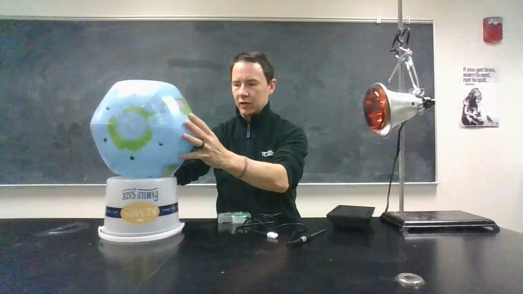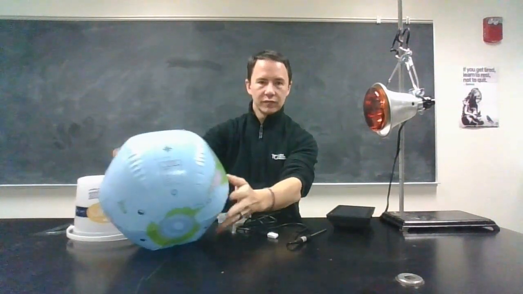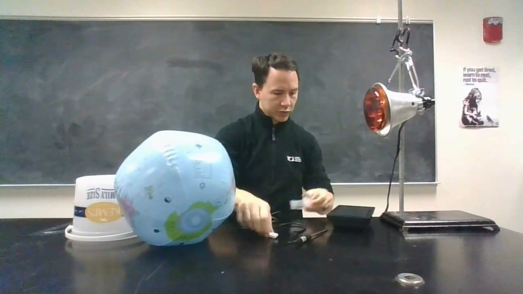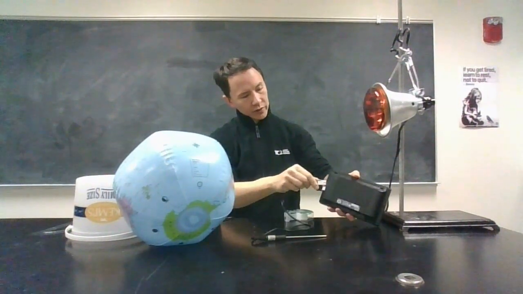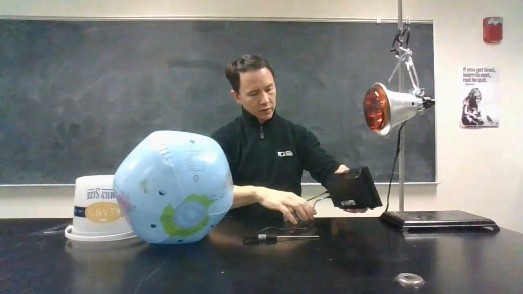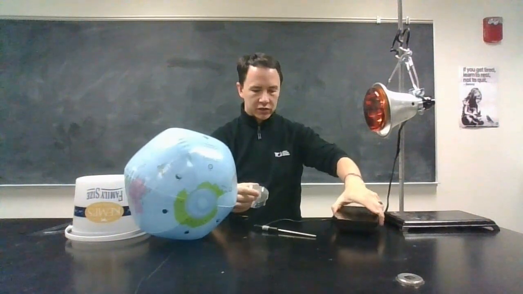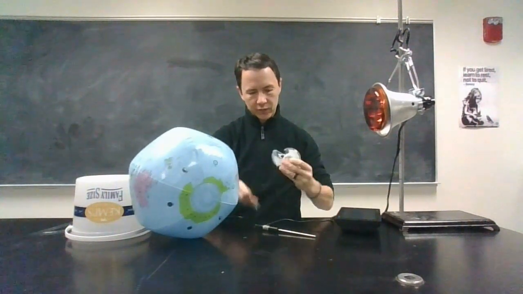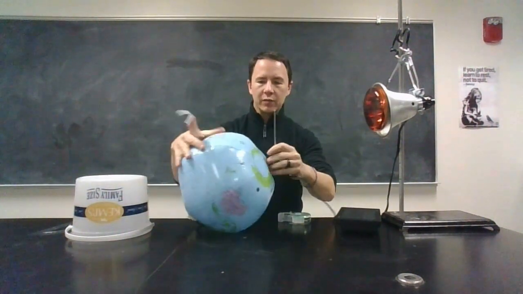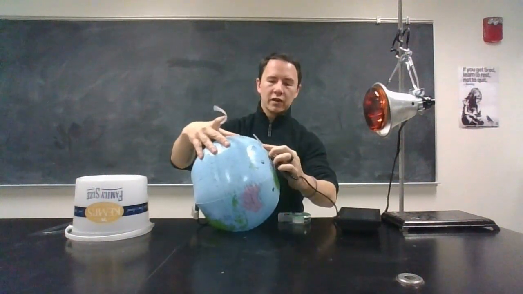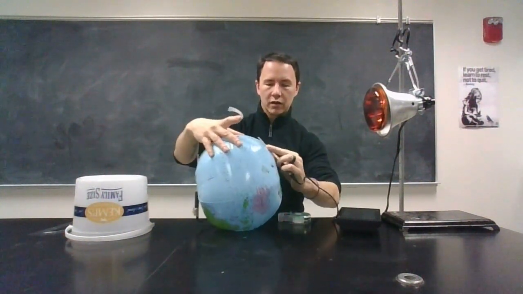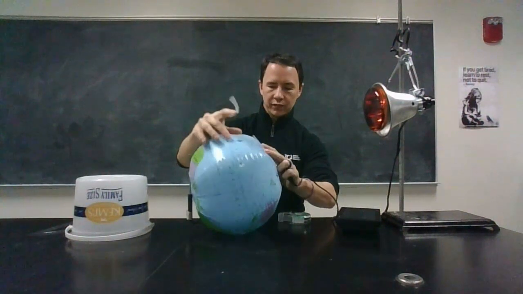Remember, you'll have more than one person in your group, so that'll help. Now I'm going to plug this one into the number 2 slot. It says CH2. And I'm going to tape this, trying to get it directly below where you put your first one.